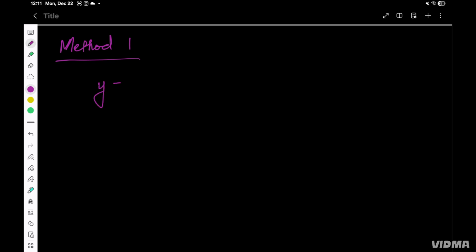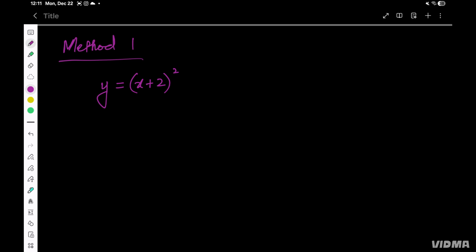Our original equation is y is equal to (x plus 2) square minus 1 in vertex form, or some people call it completed square form. So you can compare it with y is equal to (x minus h) square plus k.